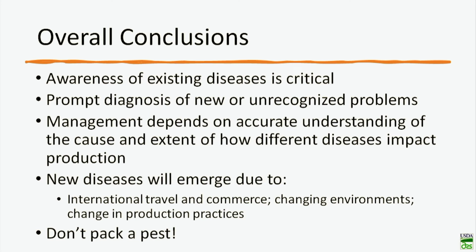Now, prompt diagnosis of new symptoms or unrecognized problems is also critical, could be something new. Management definitely depends on the accurate understanding of the pathogen you're dealing with and how those different diseases will impact production.